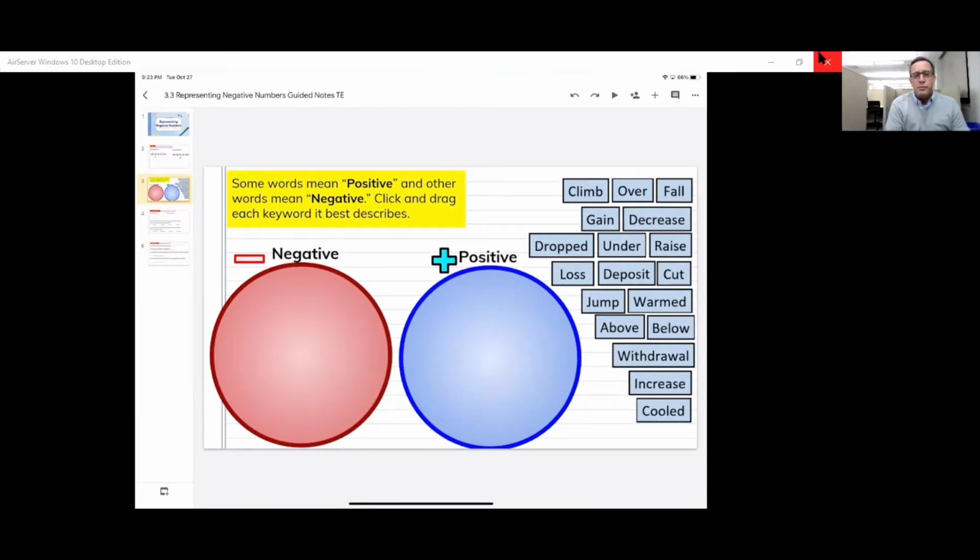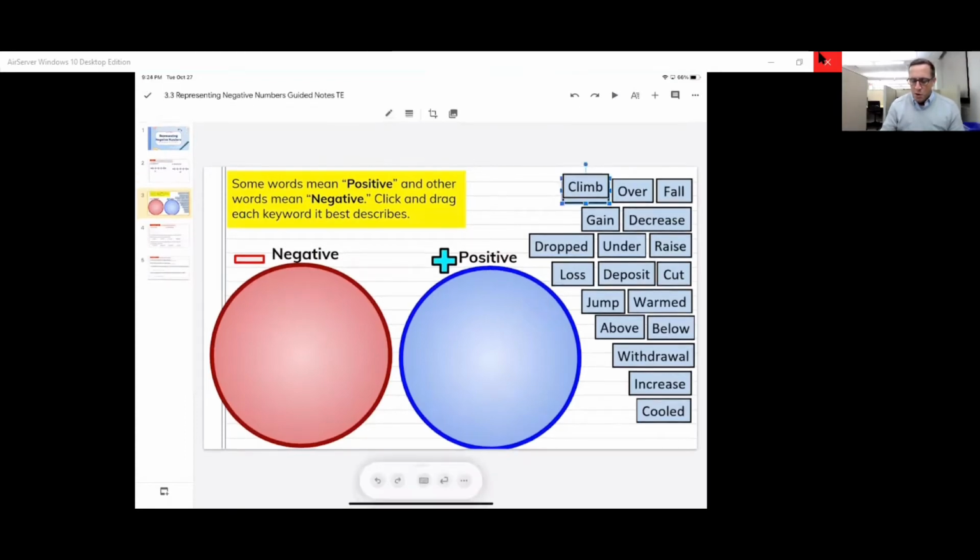And if you want to go ahead and try this on your own, go ahead. But I'm going to go ahead and just start at the top of that list there and drag those things over and put them in the right subset, okay? So climb, that's indicating that it's going up. Climb a mountain or climb a ladder.